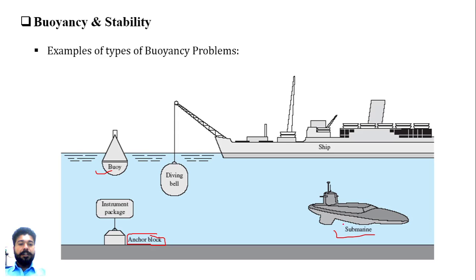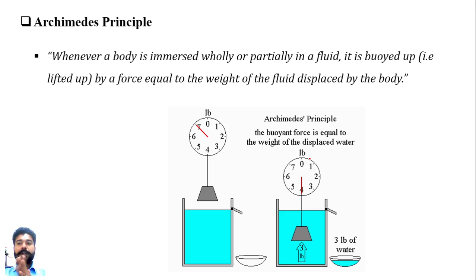Next is the submarine, which can float on the free surface of the liquid or sink in it. Then a ship model floating on the surface, and a crane or diving bell. These are examples of floating or sinking bodies, totally based on buoyancy.